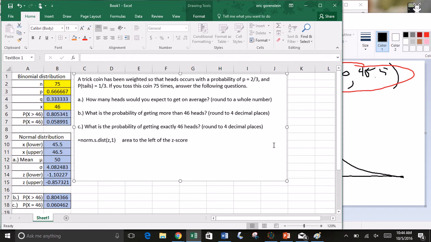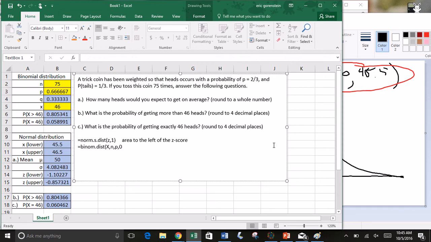And then for the binomial distribution, I use the formula equals binom.dist, and the arguments here are number of successes, so I'll say x, number of total trials, so that's n, probability of success, that's p, and for part C, I used 0.